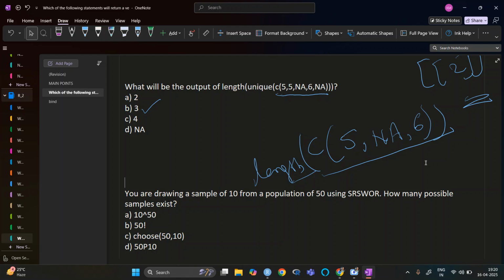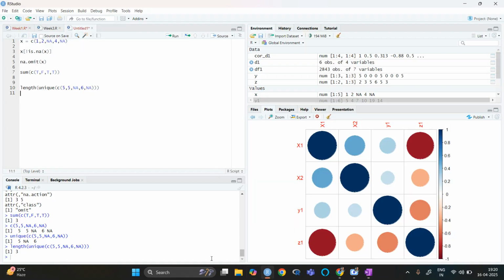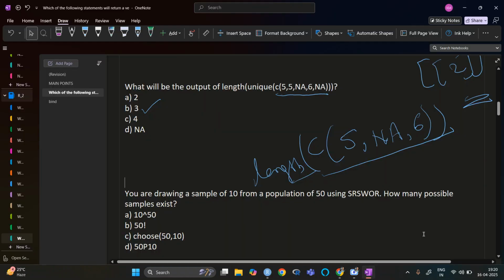What is the length of your vector? The length of your vector can be 3, 5, 10. Okay, 1, 2, 3. Right. So unique gives this: 1, 2, 3. So what is the length? It is 3. Three different values.